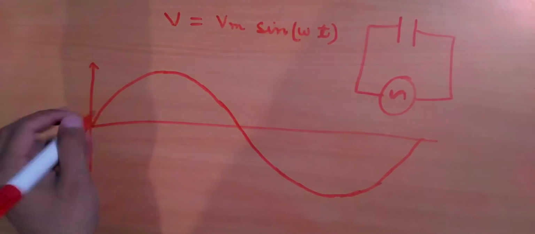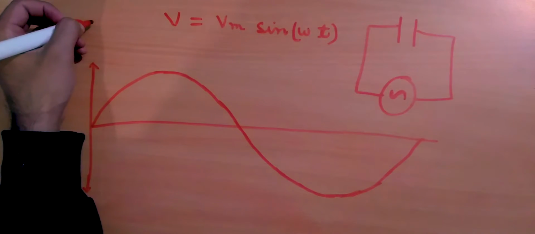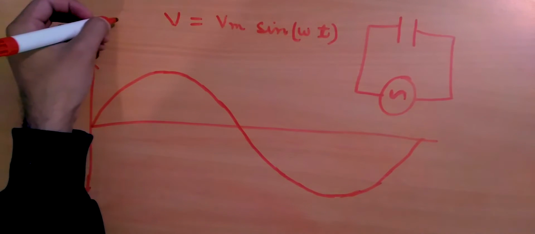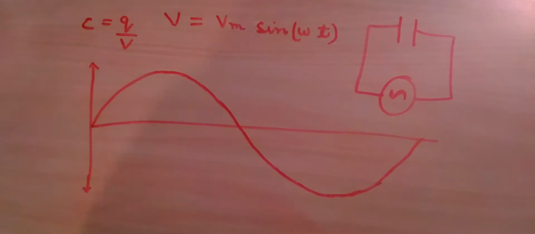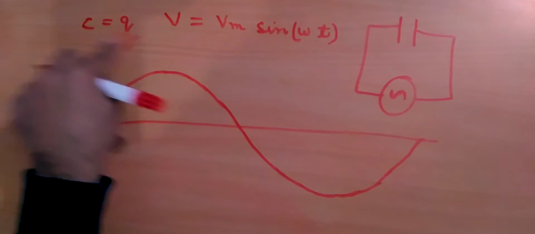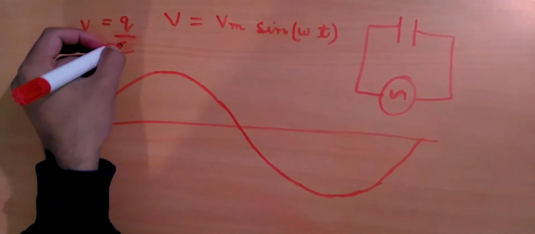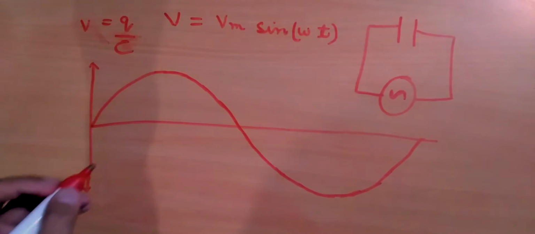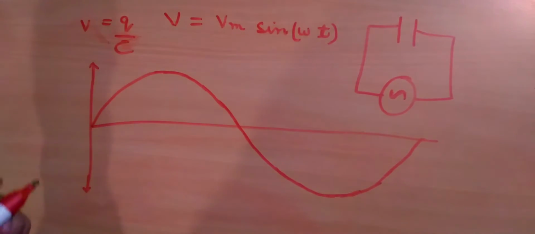Now as the potential difference increases across the two plates, we know that, so I'll write the equation, capacitance C equals Q by V, and I can simply shift the V to that side and bring the C to this side. So V equals Q by C, and C is a constant, so ignore that for now. But we can see that the voltage is directly proportional to the charge, or we can say it the other way too.